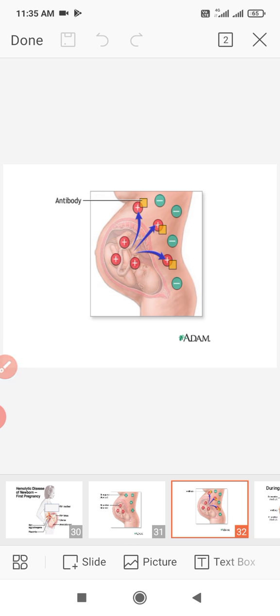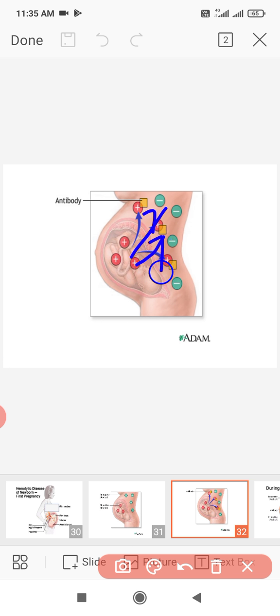So during parturition or delivery time, during the cutting of the umbilical cord, a little blood leaks into the mother's womb. This Rh positive blood leaks into the mother's blood.